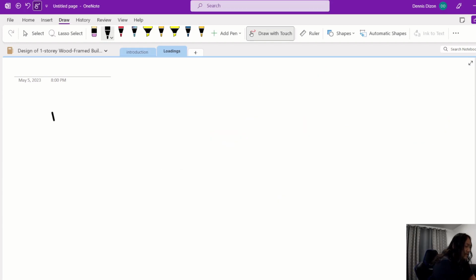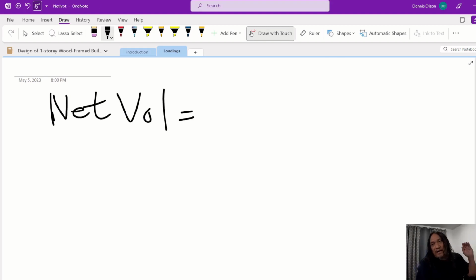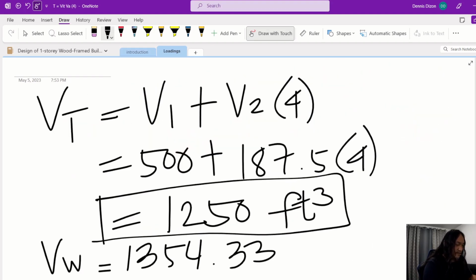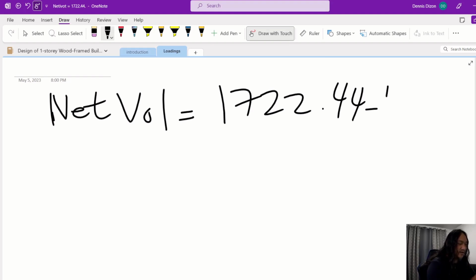So the net volume above the highest roof is only 1722.44 minus 1354.33.